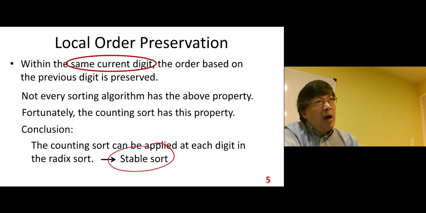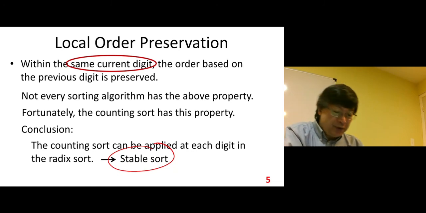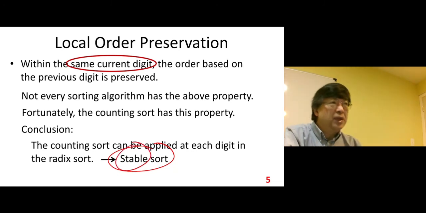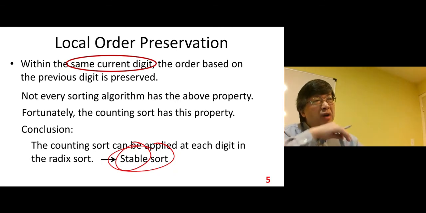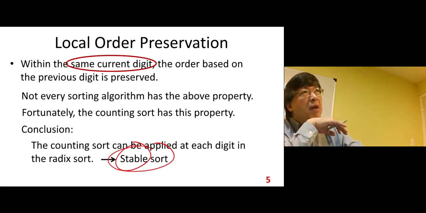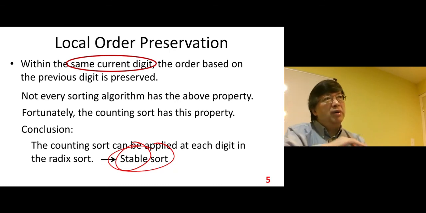In one of my previous comprehension questions, I remember I asked you if the quicksort is stable or not. At that time, I don't know if you understand this or not. I remember before the lockdown, in class, I talked about the stable concept a little bit.